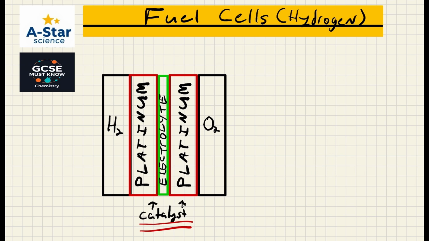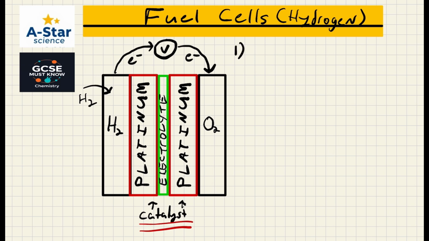The platinum catalyst causes the hydrogen gas, which is the fuel for a fuel cell, to split, and by splitting, it releases electrons. We know that electrons are negative, and if we can get electrons to move, then we can create a voltage. So those electrons will travel around the circuit we've created and move to the side of the oxygen.